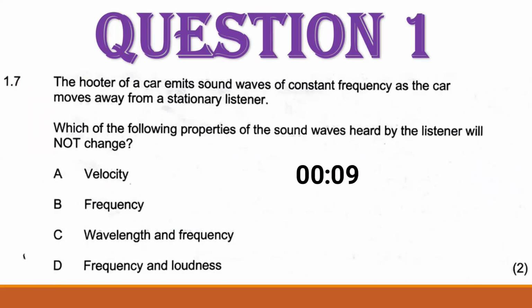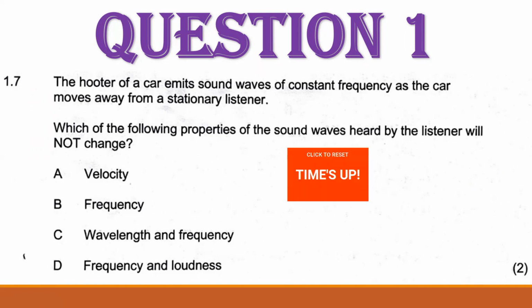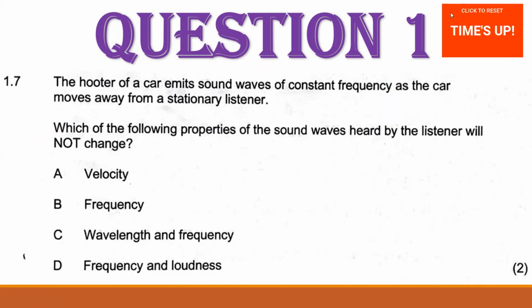Which of the following properties of the sound waves heard by the listener will not change? Time is over. Okay, let's check the question. A car is coming with noise, with constant velocity, and then as the car moves away, going away, sorry, not coming, going away.